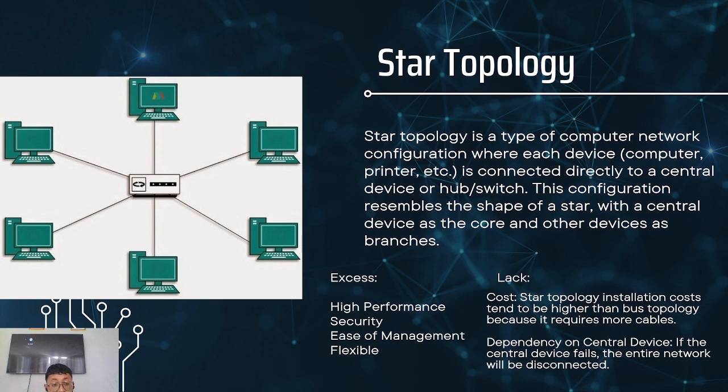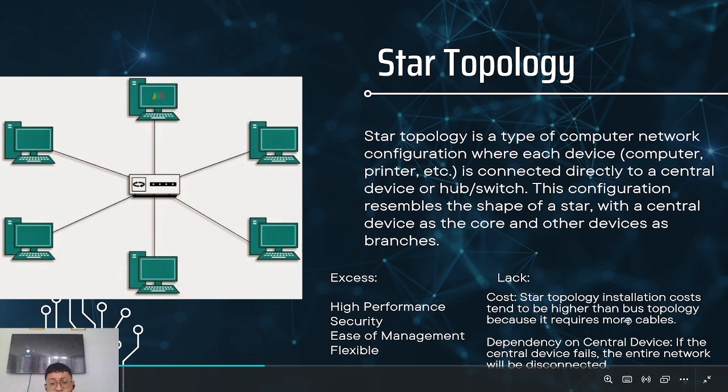This is the upgraded type of bus topology, and the advantages are high performance, more security than bus topology, ease of management, and flexibility. It is flexible because it only needs a switch or router.